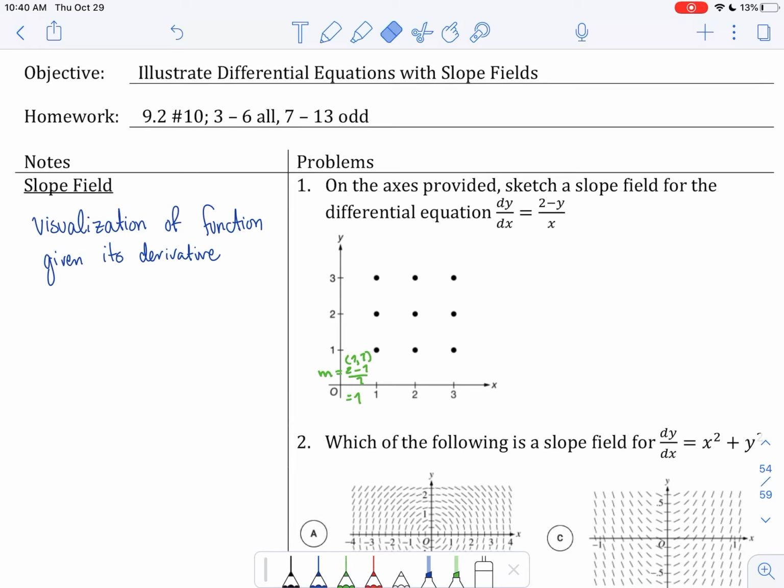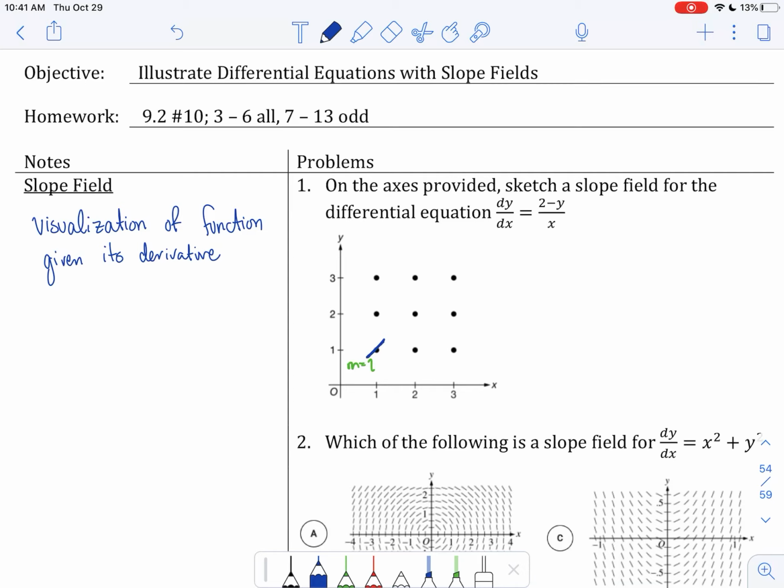This is the idea of a slope field: if the function passed through that point, it would have a slope, in this case, of 1. So I can sketch a little bit of the function here, that if it went through that point, the function would look like that at that point.